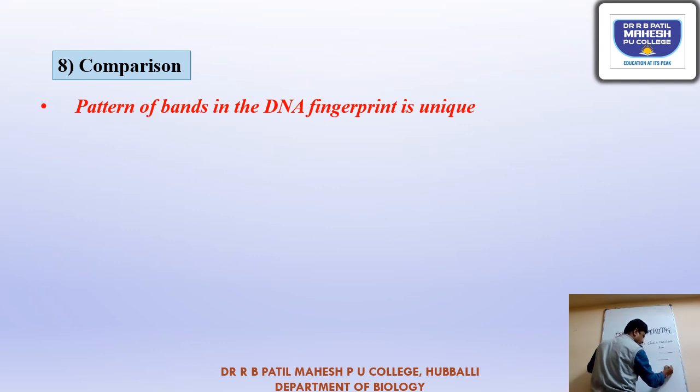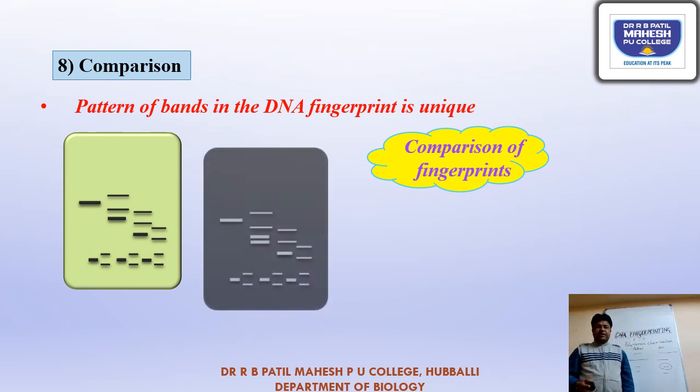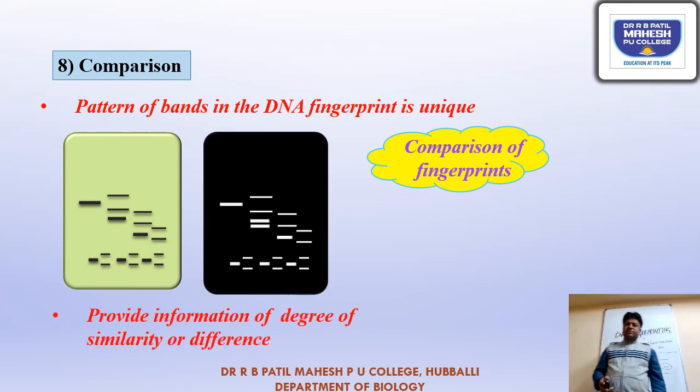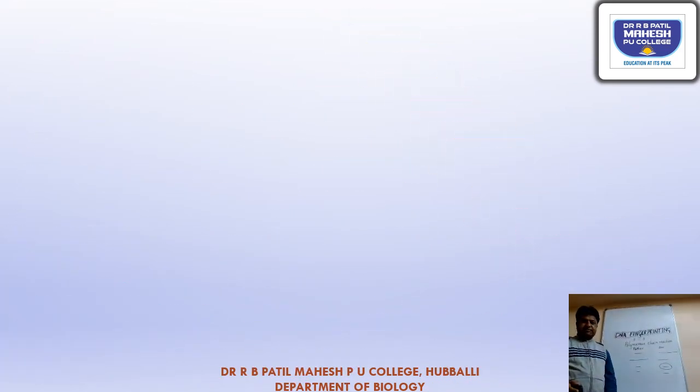For example, in this region, it is more or less similar. So easily we can identify father and son through DNA fingerprinting. So comparison of DNA fingerprints provides information on the degree of similarity and differences. So this completes the steps involved in fingerprinting.